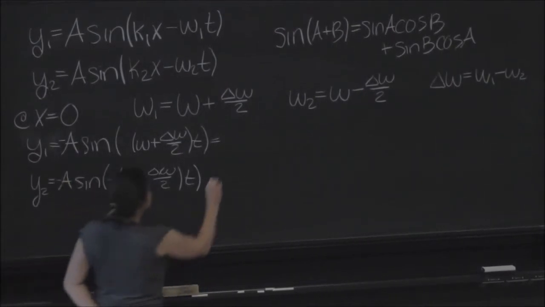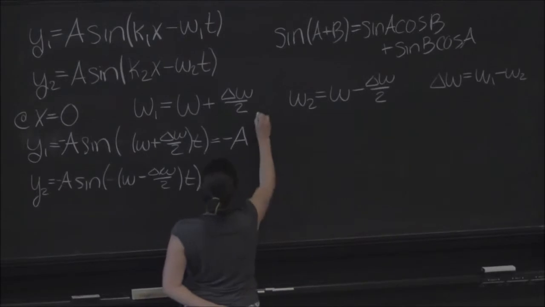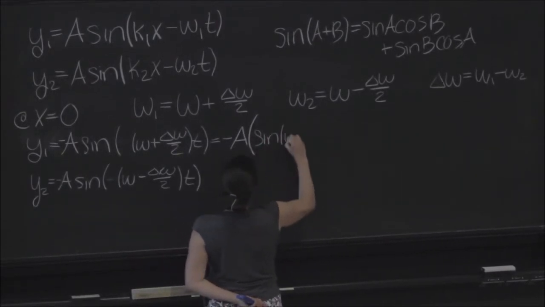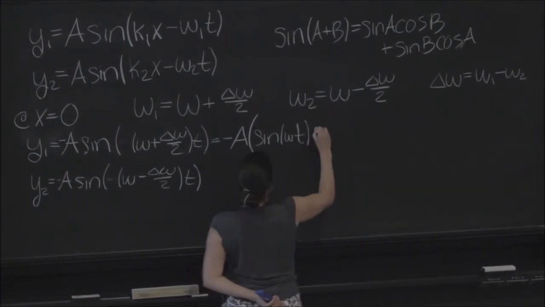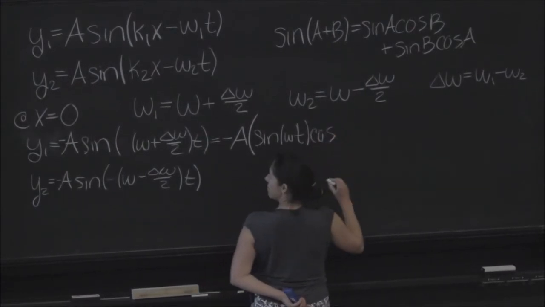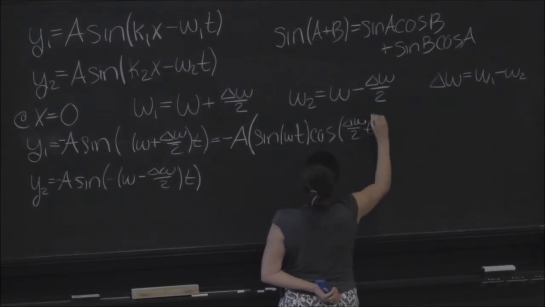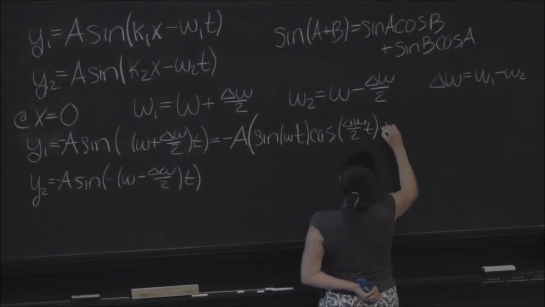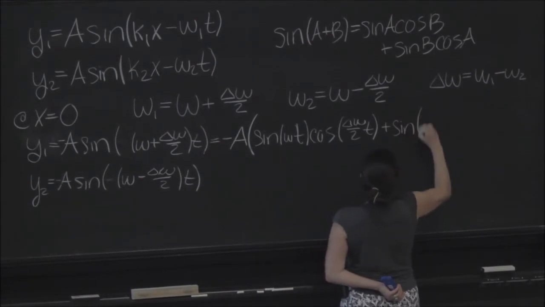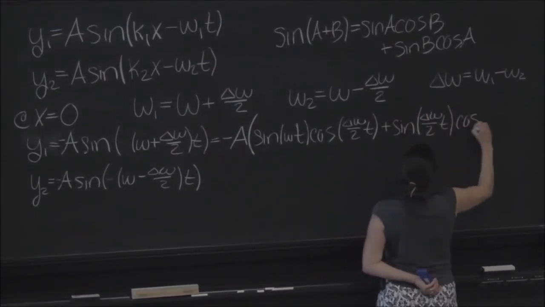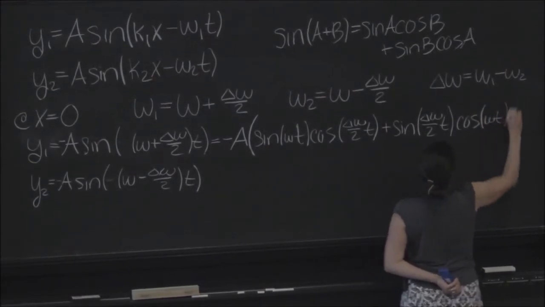Okay, so let's do it. So we have negative a times sine of omega t cosine of delta omega over 2t plus sine of delta omega over 2t cosine of omega t.